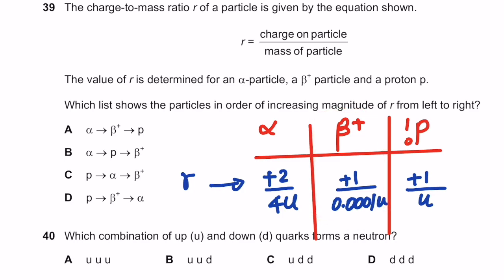And second must be this, because this is divided by 1, but this is divided by 2, cancel 2, so divided by 2. So beta plus must be the biggest, then proton, and then alpha. This should be the order, so answer should be B.